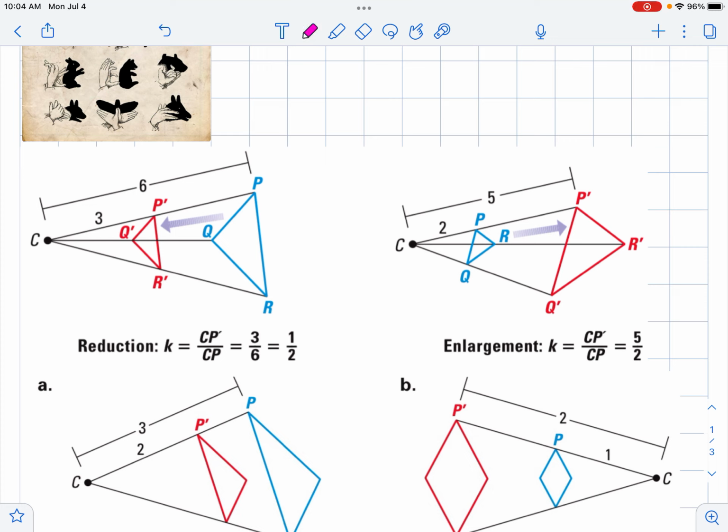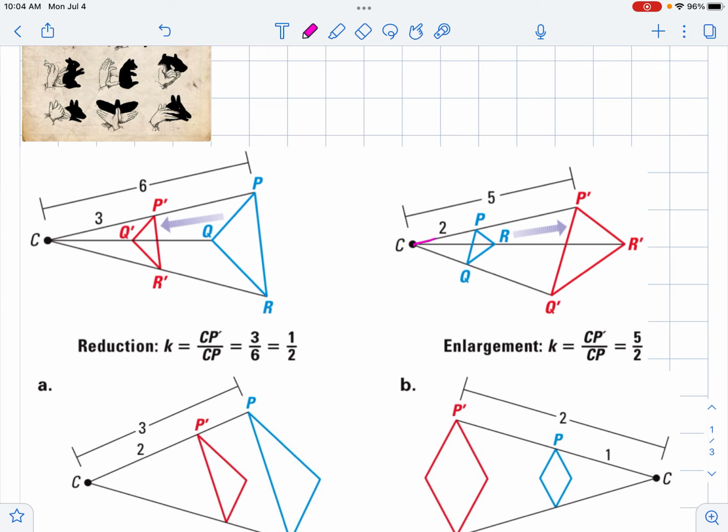Now, this is an example of a dilation, and we want a way to measure the dilation. In other words, how do I measure what's happened here? Is the image bigger or smaller than my pre-image? Here's the way we're going to talk about that.